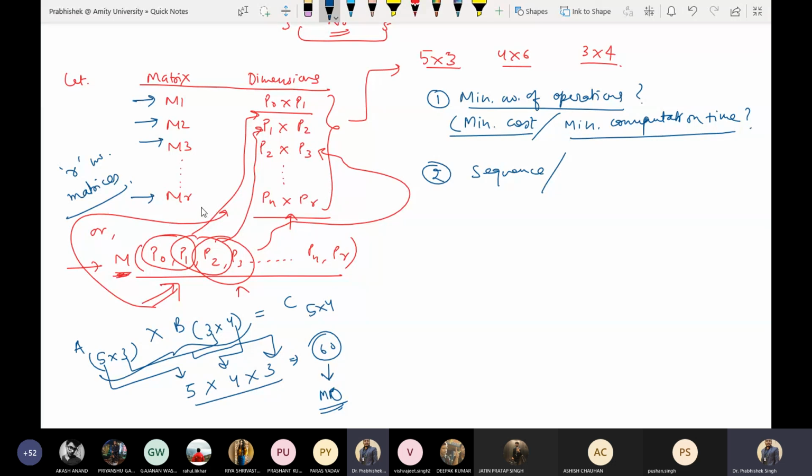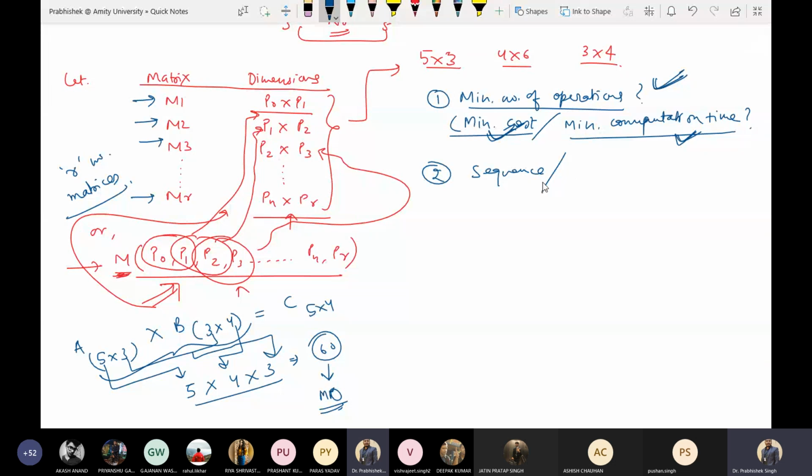Now they are asking you, when you multiply all these R matrices, what will be the minimum number of operations required? Or they will ask you what is the minimum cost, or the minimum computation time.